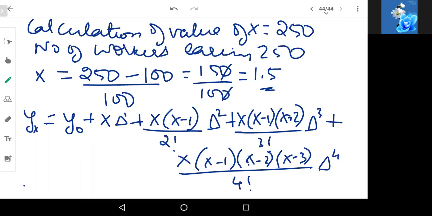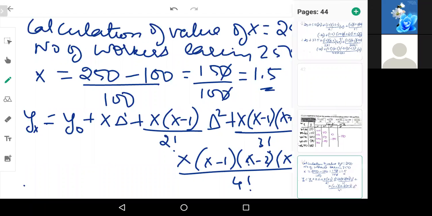Okay. Now I want you people to solve this here, this complete formula, put the values and solve it. Okay, and then I'm just going to say what is to be done for the next value also.